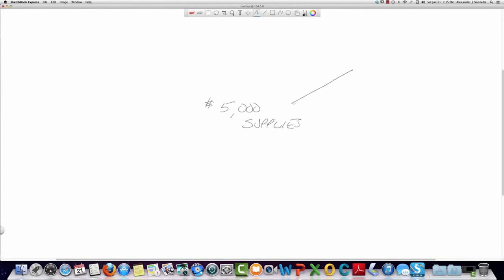Now, those supplies are going to be used over several accounting periods. However, what if you decide to expense it? That would lower income. The other choice would be to record or capitalize it as an asset.